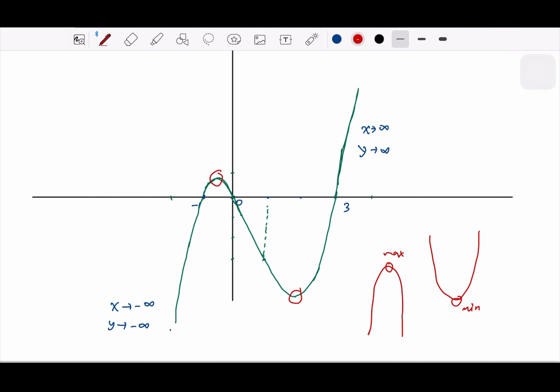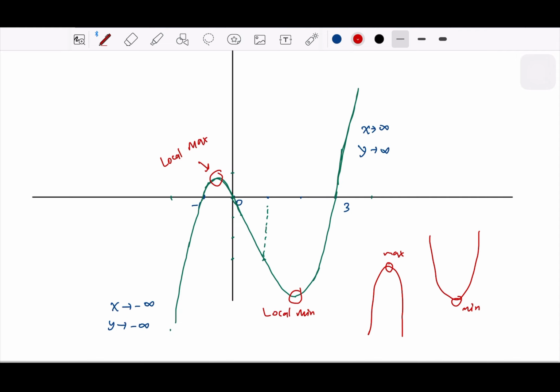But what if we have something similar, which behaves the same, but it is in between the graph, or we have one curve with its own minimum and maximum, but it's not the highest or lowest point? We call these local max and local min.